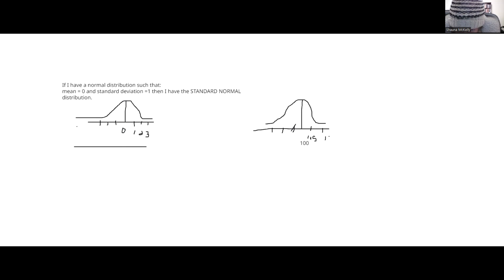And then this, 100 minus 15, would be 85. And this would be 70, right? Now I could go 3 out, but I think you get the idea.